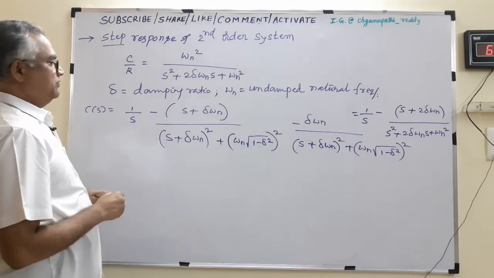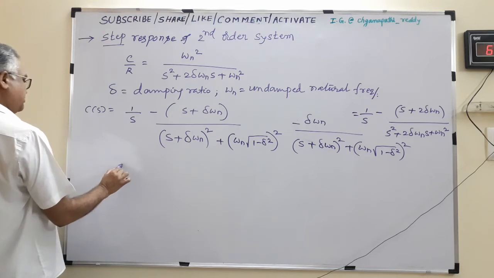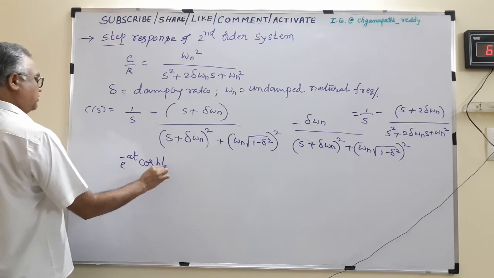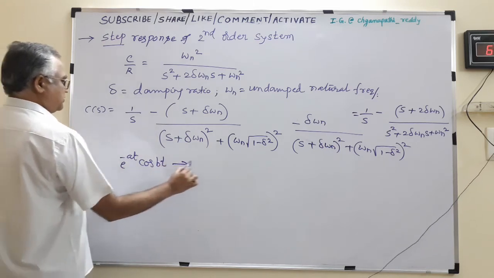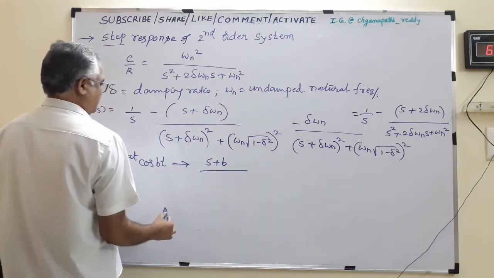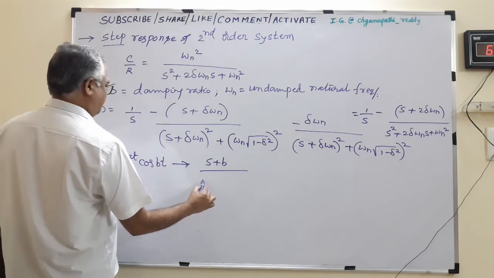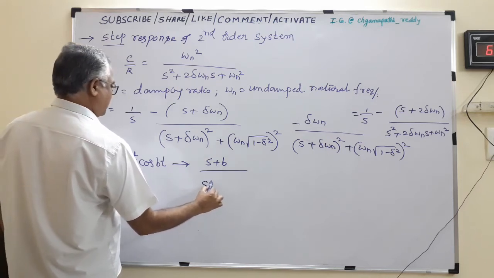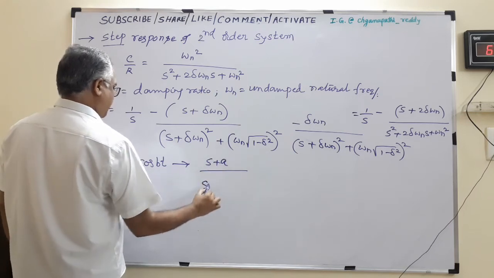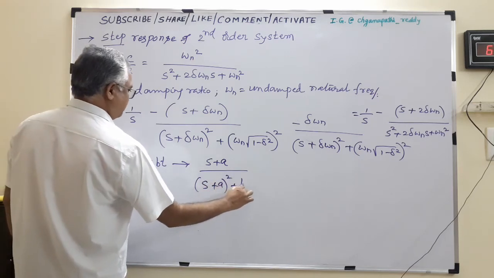So inverse of this we have to find. To find inverse, we should know these properties. E power minus at cos bt. What is Laplace of this? s plus a by s plus a square plus b square.